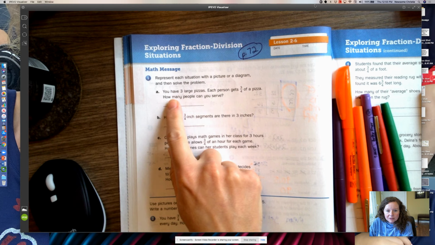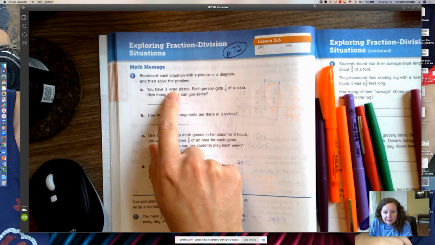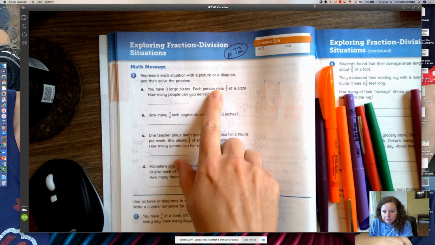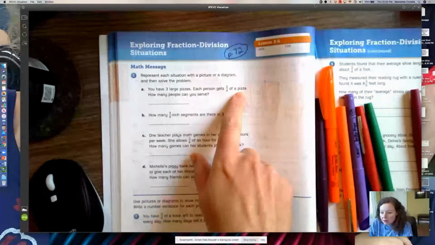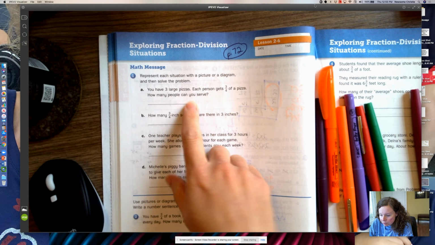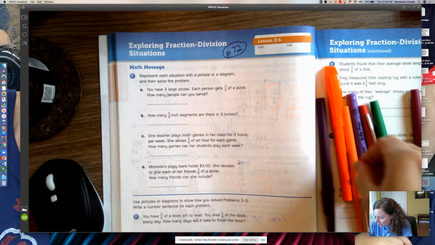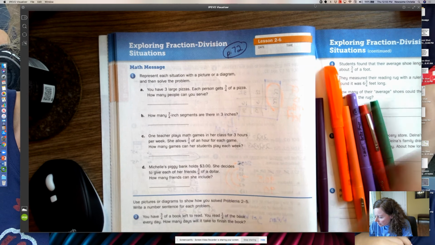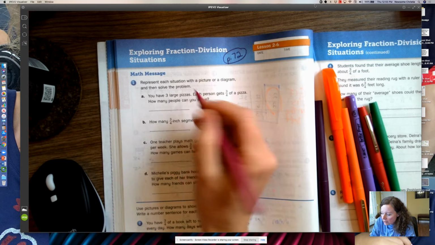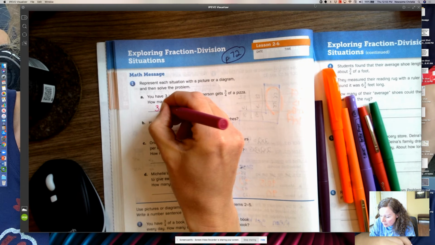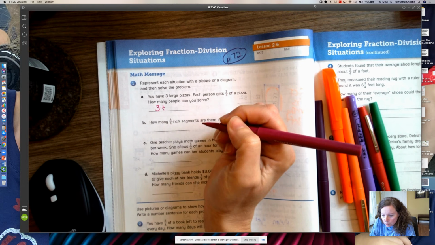So let's look at number 1A. It says you have 3 large pizzas, and each person gets 3/4 of a pizza. How many people can you serve? So let's just think about our number sentence first. We have 3 large pizzas that we are going to share with a bunch of people.